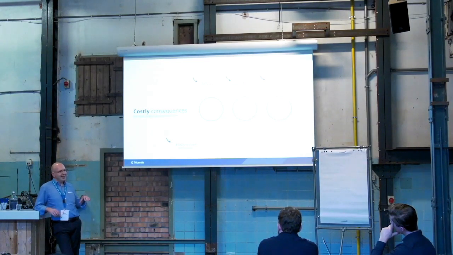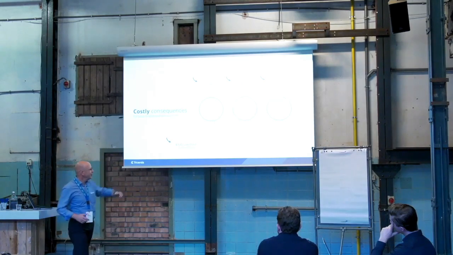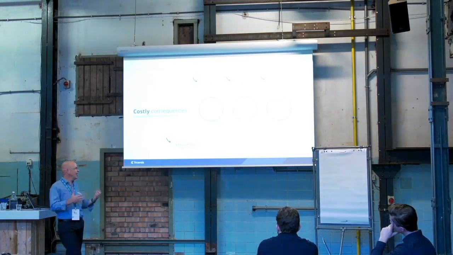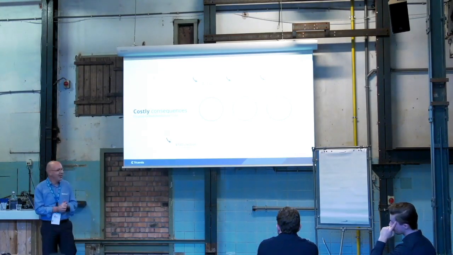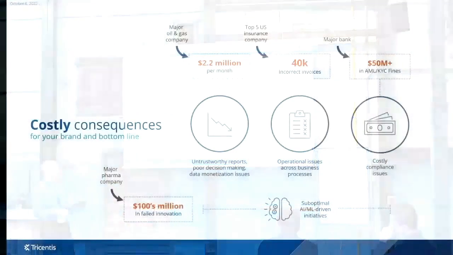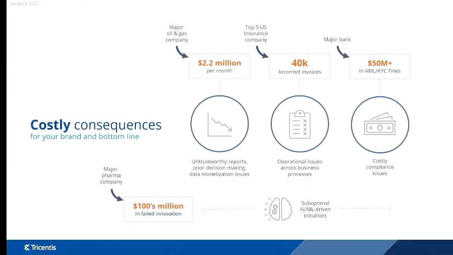So rather than developing algorithms to really drive machine learning and AI, they are busy fixing data, filling gaps, closing missing links, and this is of course a waste of brain power that nobody can afford.